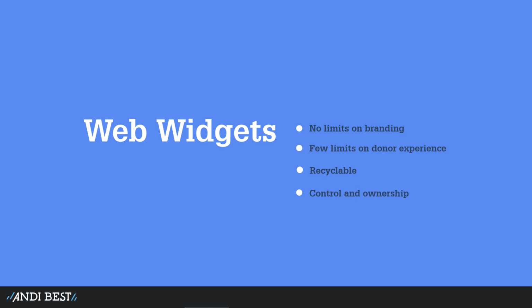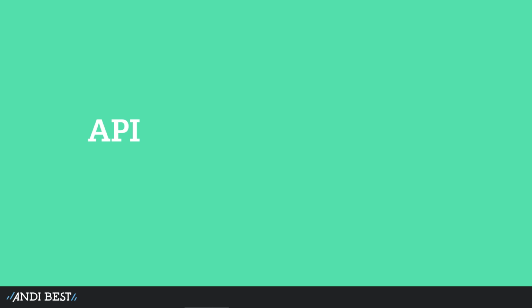And control and ownership, because the code lives on your servers. Editing it, updating it, and amending it in any way is at your control. Conversely, forms is at Donorfy's control. And where you have use cases that the forms won't settle and the web widgets won't settle, it's perhaps time to turn to the API.